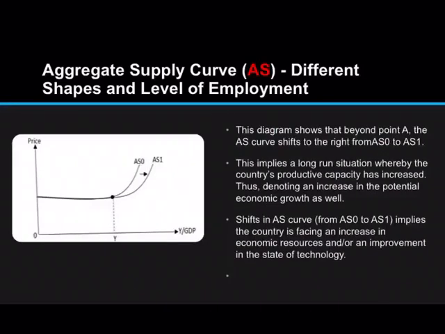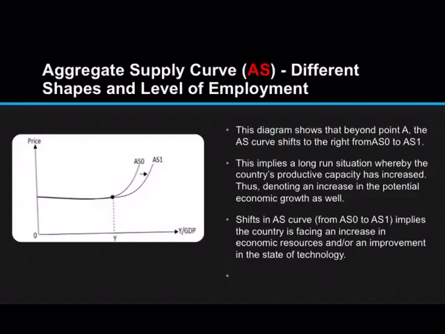The aggregate supply shifting rightwards is because of the increase in the productive capacity of the country. This implies a long run situation, thus denoting an increase in the potential economic growth as well.